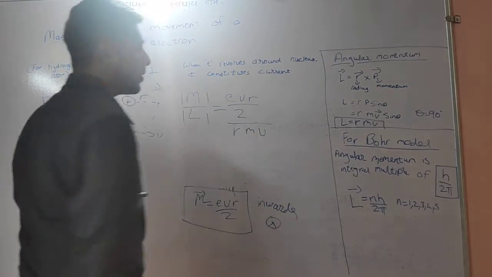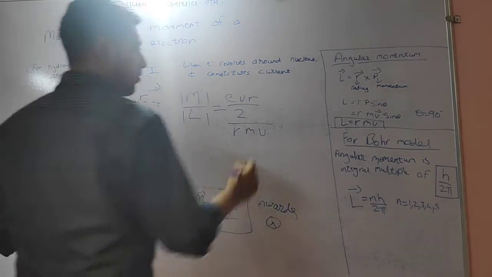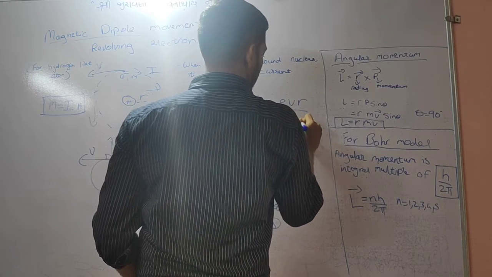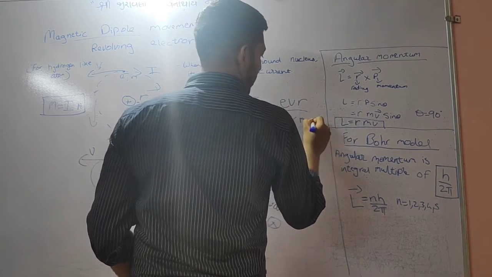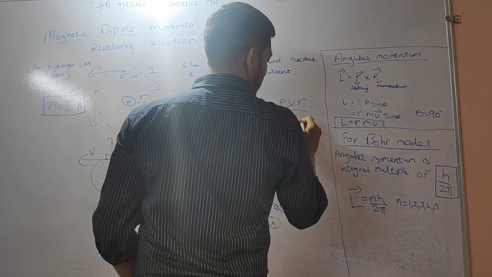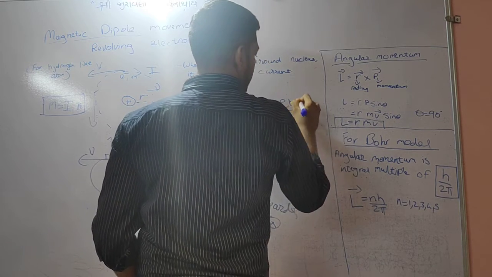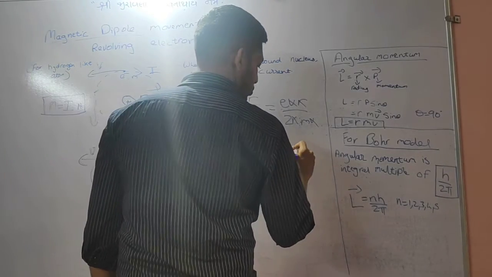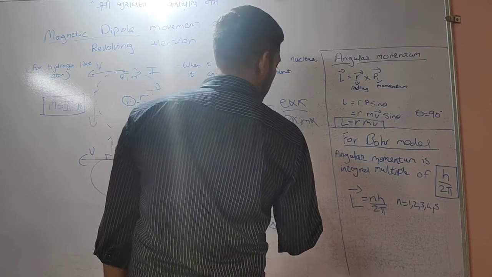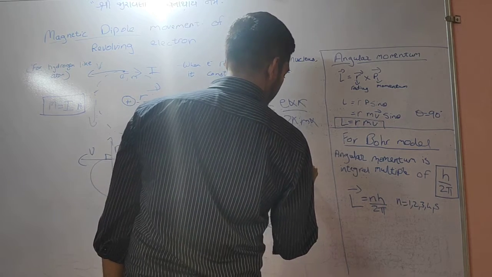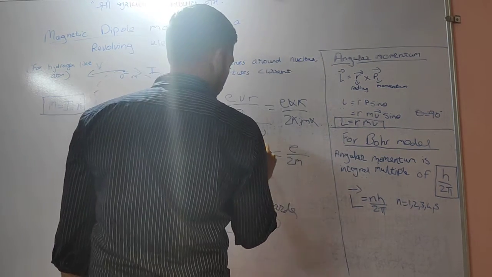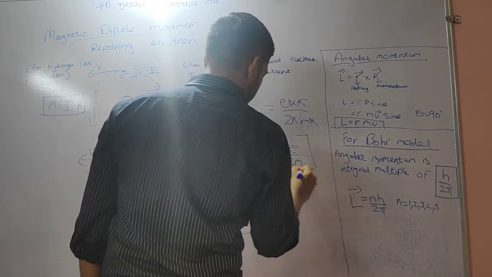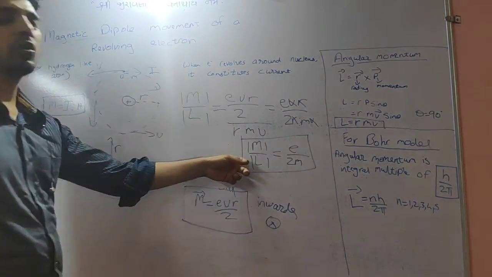So I can write this in the form of evr upon 2rmv. Sorry, m will not be cancelled; r and v will be cancelled. So my answer will be e upon twice m. So the ratio of m by L will be equal to e by twice m. This is generally asked in your examinations.